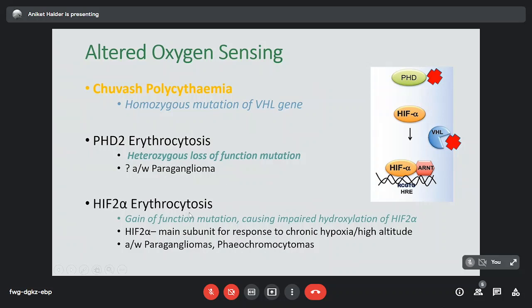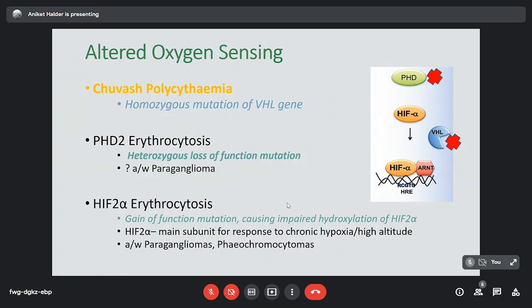HIF alpha has many isoforms, of which HIF2 alpha is the most important isotype, and gain of function missense mutations in the HIF2 alpha molecule cause impaired hydroxylation of the HIF2 alpha.